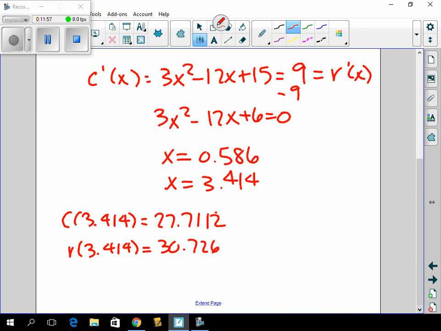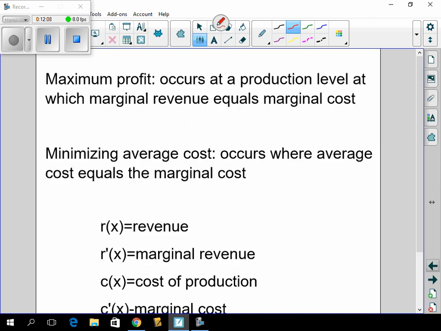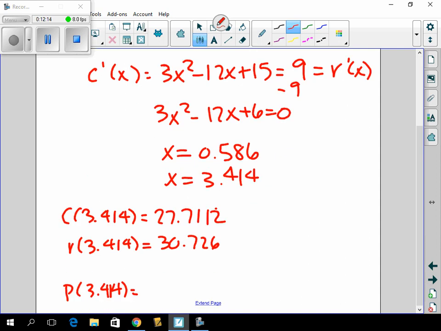And so my profit, remember, if we look back, profit at 3.414 is equal to my revenue minus my cost. And so I'm going to take 30.726 minus 27.7112, and that is equal to 3.0118.